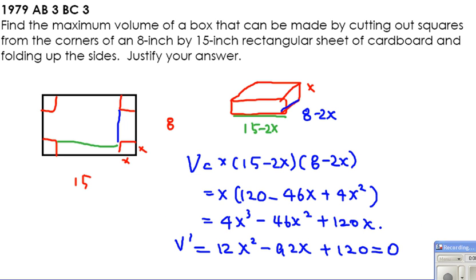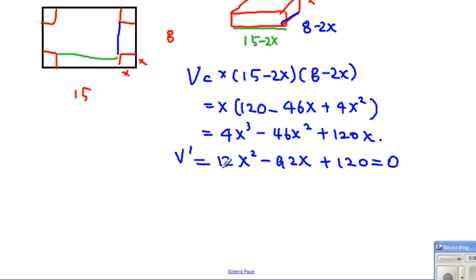We can divide all sides by 2, then we get 6x squared minus 46x plus 60 equals 0.